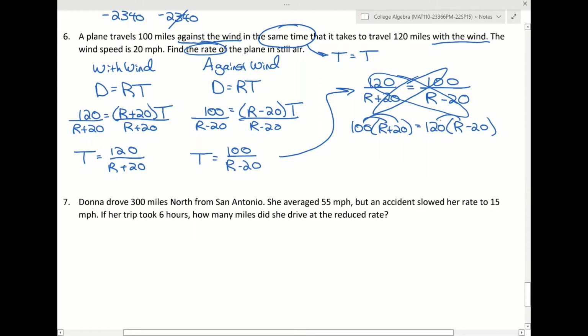Distribute. 100r plus 100 times 20, 2,000, equal to 120r minus 2,400.